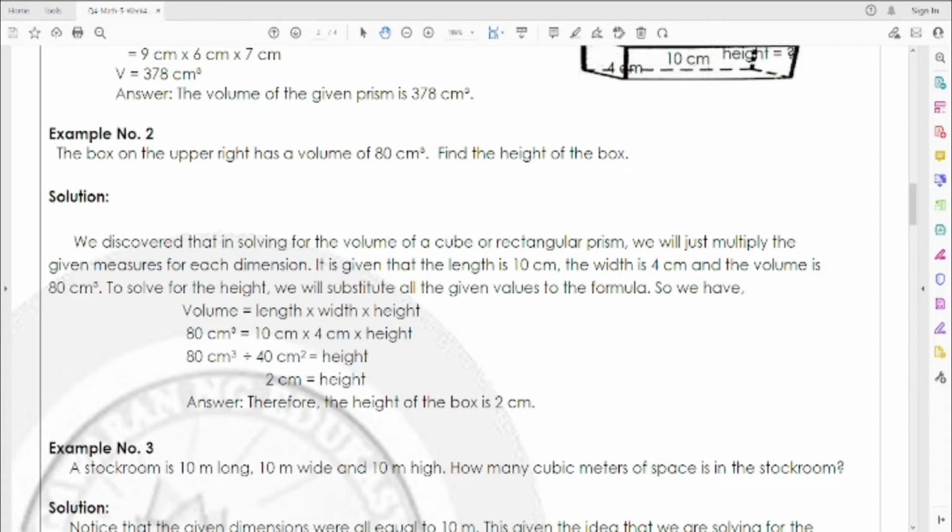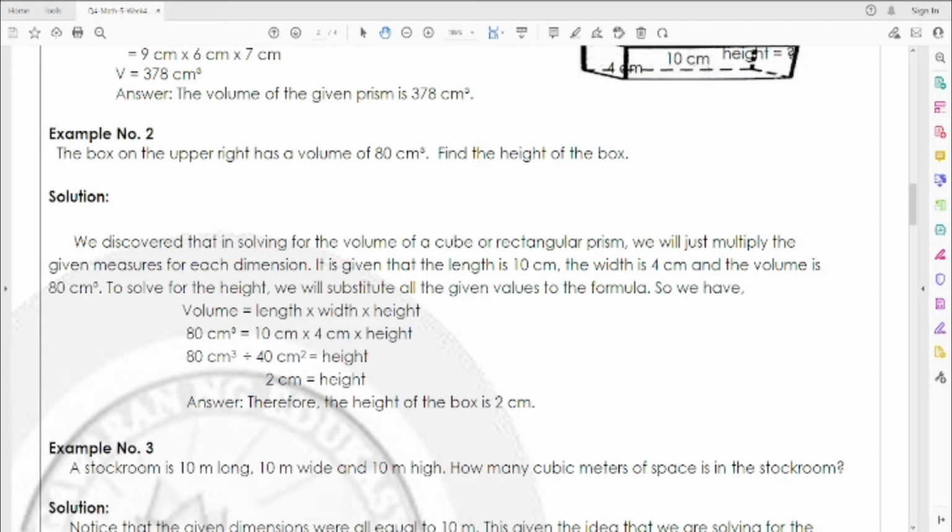So let's go back. Our volume is 80 cubic centimeter. From our length and width, when we multiply them, our answer is 40 square centimeter.